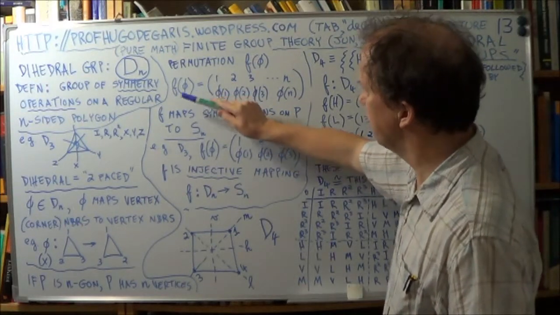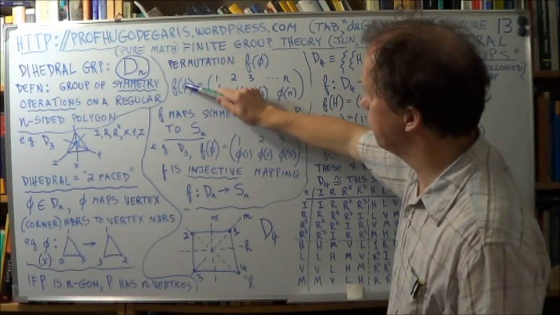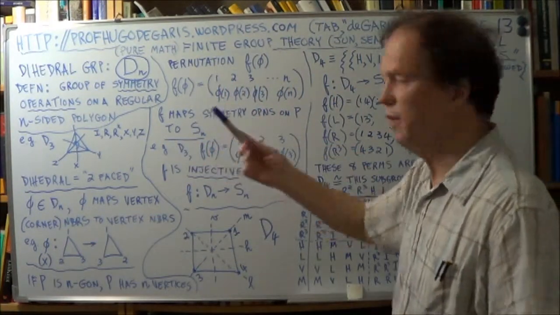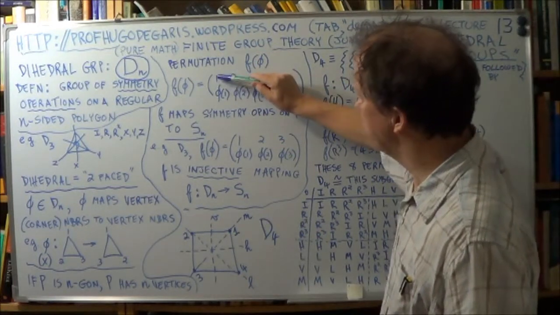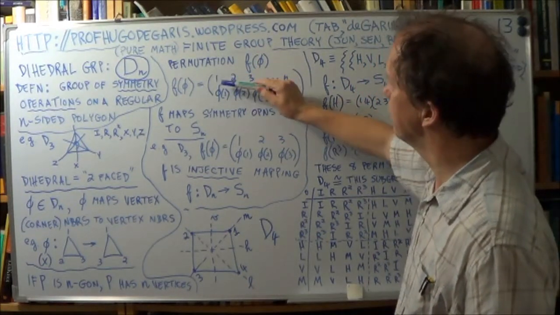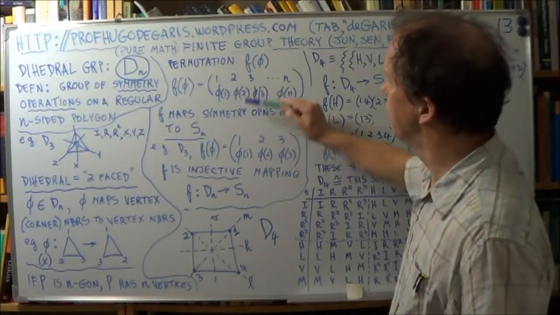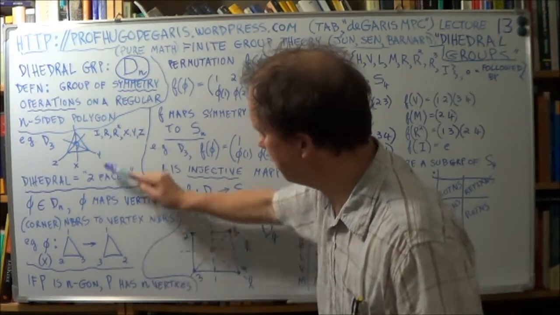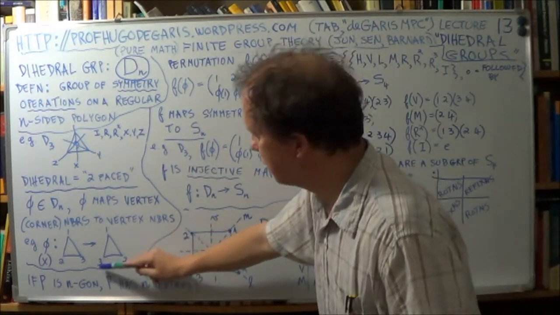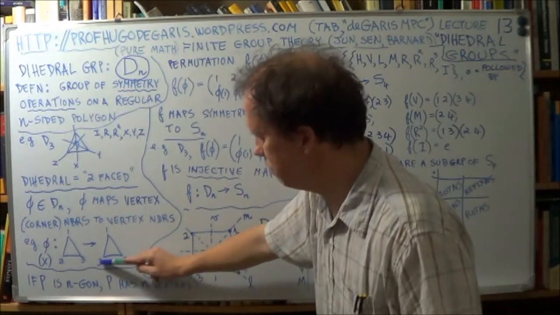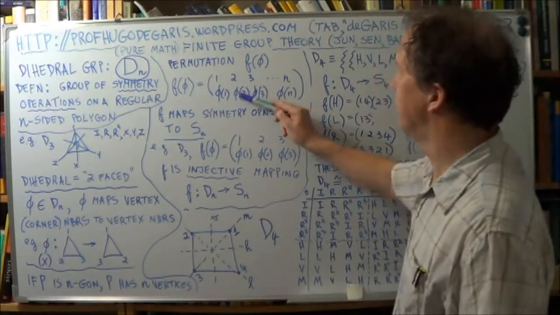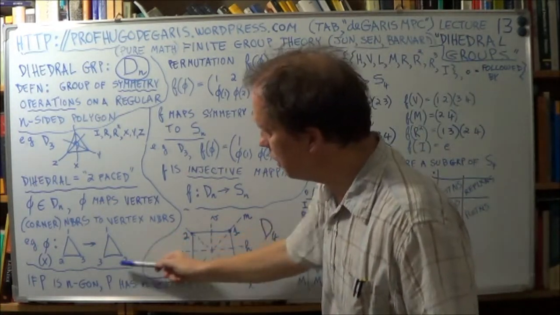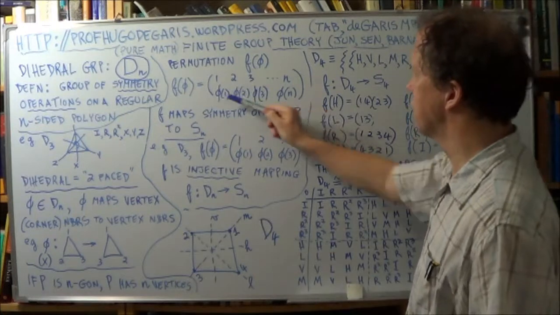Depending on your symmetry operation or your permutation, sort of equivalent, you're mapping vertex 1 into some other, so this could be 1, 2, or 3. And you map vertex 2 into something here, depending on which symmetry operation you use. So this could become 1, 2, or 3. And each of these has to be different, of course.